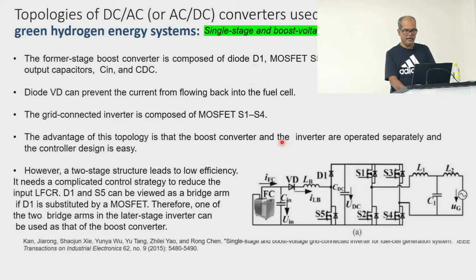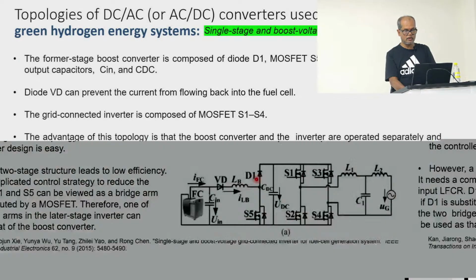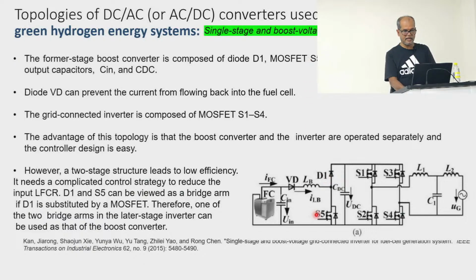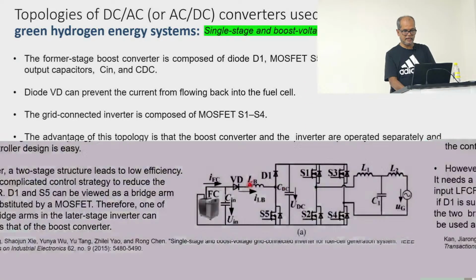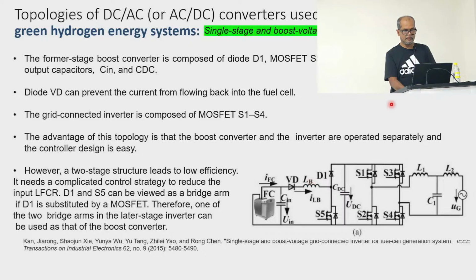So this diode D1, MOSFET S5, and this inductor LB, and this input and output capacitor. This portion is nothing but a boost DC to DC converter, and the remaining portion, with the filter, is the inverter, right?